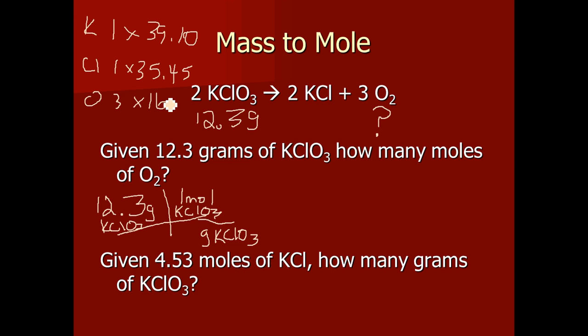Okay? So that means that I have 39.10 times 1, which is 39.10. I have 1 times 35.45, again, the same number. And then I have 3 times 16, and that's actually going to be 48. So I'm going to take 48 plus 35.45 plus 39.10.